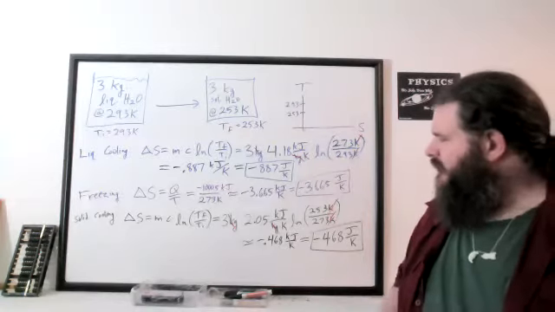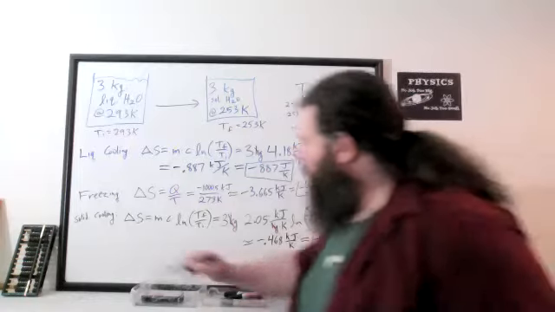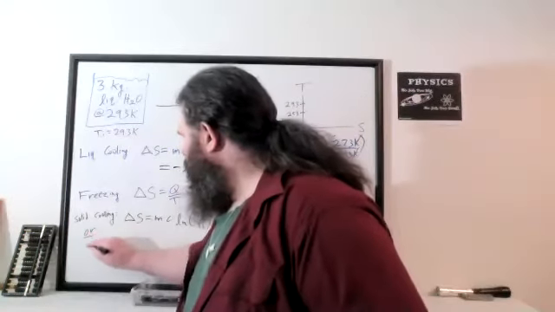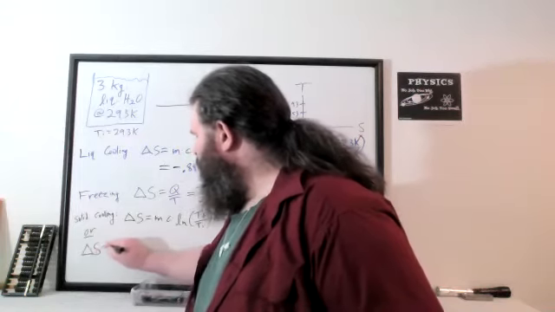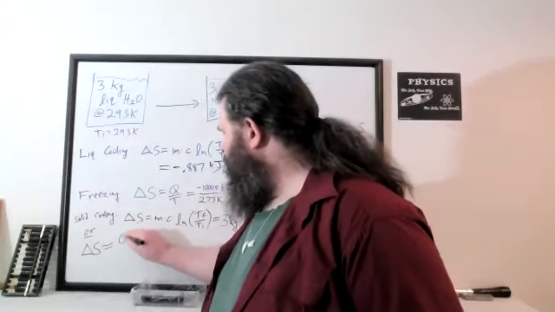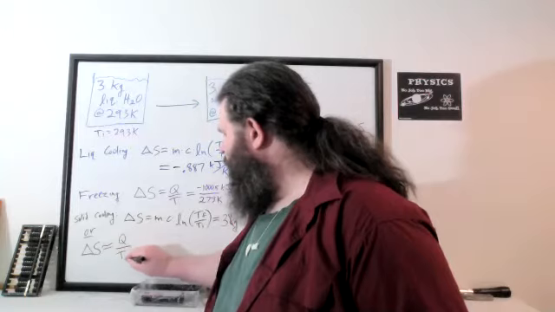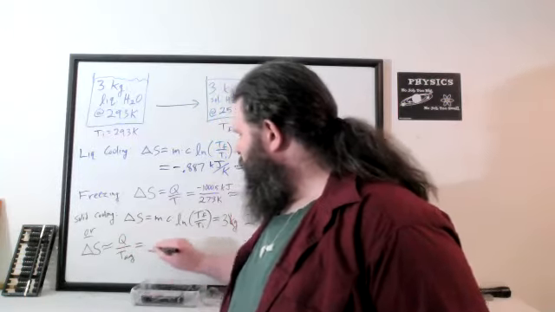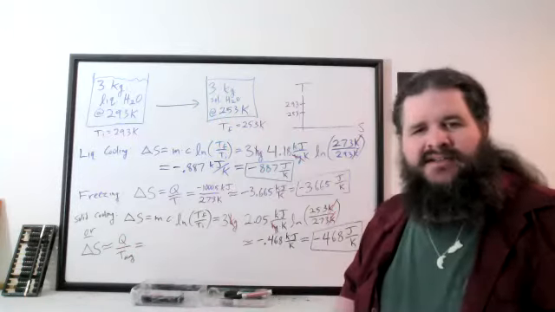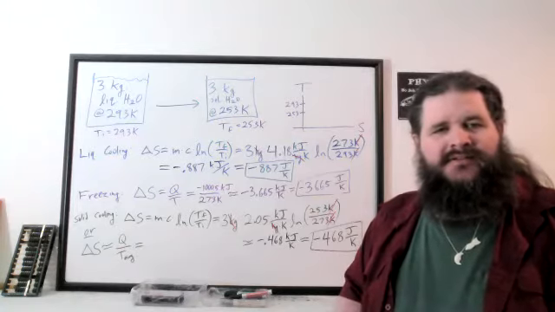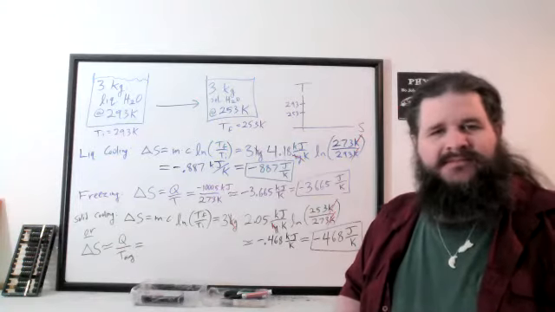And while we're at it, let's also try the approximation formula. Delta S is approximately heat over average temperature. How can we figure out how much heat is involved during this process of cooling off the ice?